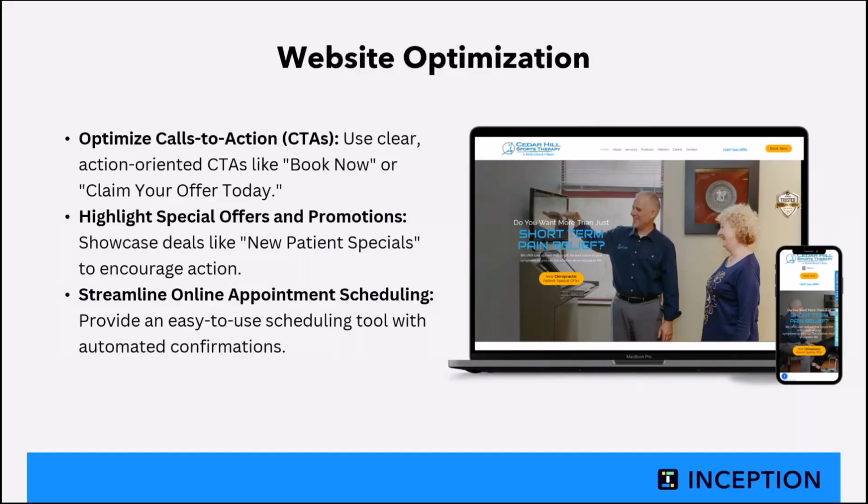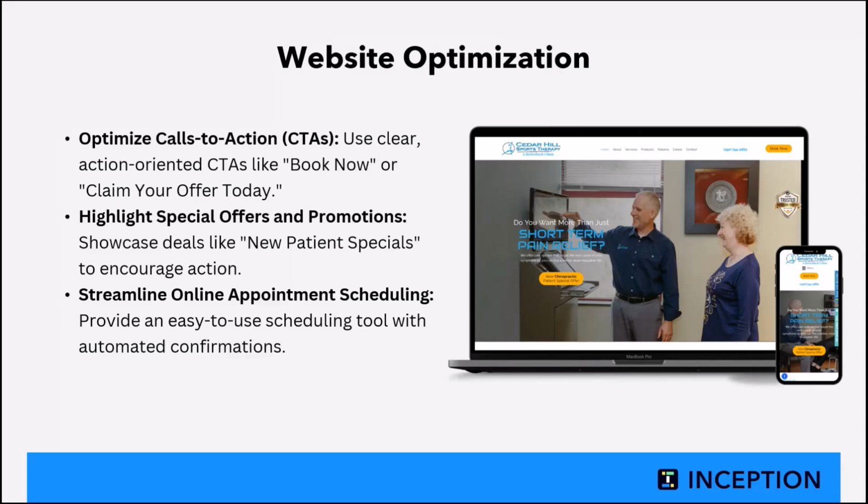The next thing is streamlining online appointment scheduling. We live in a world today where people might want to do things a lot quicker. Calling an office and having to sit on the phone might be something they can't do right then and there, but they can fill out a form or schedule online really easily. I know ChiroTouch has a lot of great tools that allow offices to have online scheduling or put it on their website.